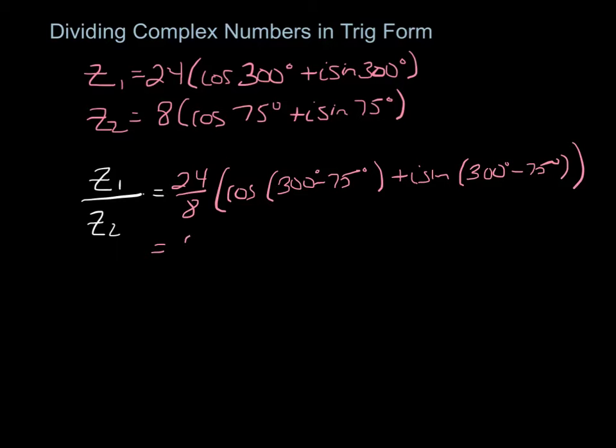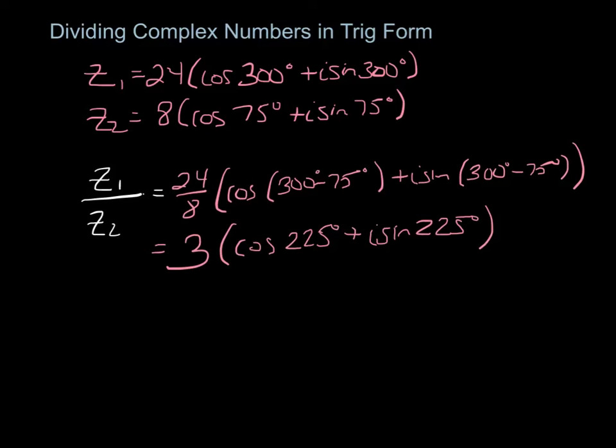So that turns out to be 3 cosine of 225 plus i sine of 225. So that's it for division. You divide the radii, subtract the angles.